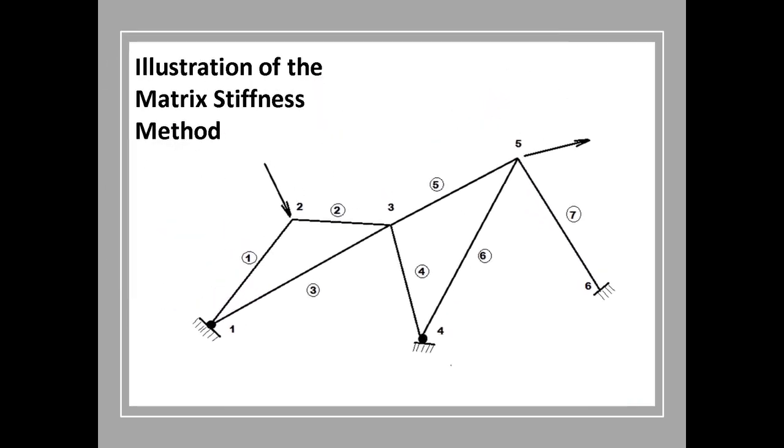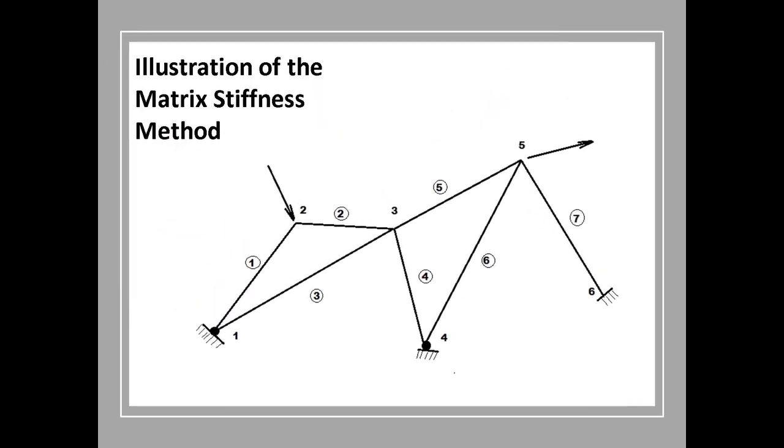Therefore, the matrix stiffness method's main methodology is to discretize the structure into a number of nodes that are connected by one-dimensional elements. External forces are applied at some of these nodes. It is limited in its application to truss and frame structures.